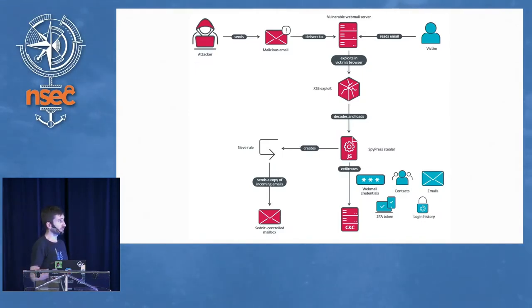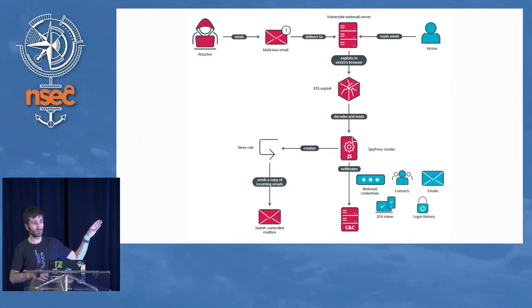If it works, the XSS exploit is triggered, and it will load arbitrary JavaScript code in memory. Generally a stealer that can steal a lot of information, like sometimes credentials, but also contacts, emails, 2FA tokens, login history. And one of the problems for attackers is that there is no persistence. As soon as the web page is closed, the script stops running.